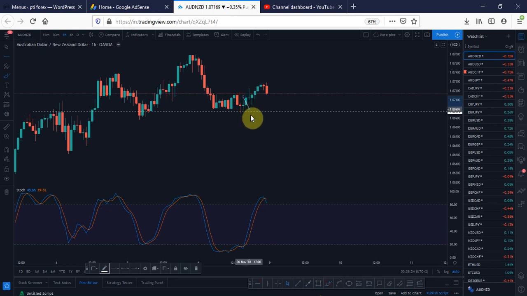Now, because the stochastic is overbought, it is telling you that you can close your trade. Why? Because any time from now the sellers can come in. The market has to move, and if there are a lot of buyers, the market won't behave. For the buyers to produce something, they have to buy something from the sellers. So if it's only buyers, it can't work.